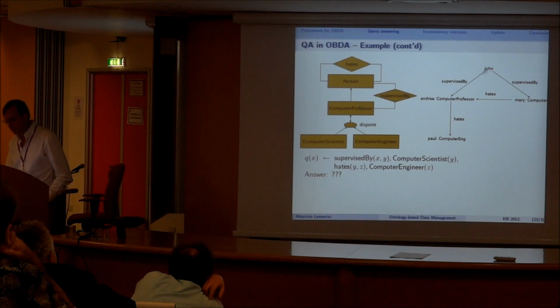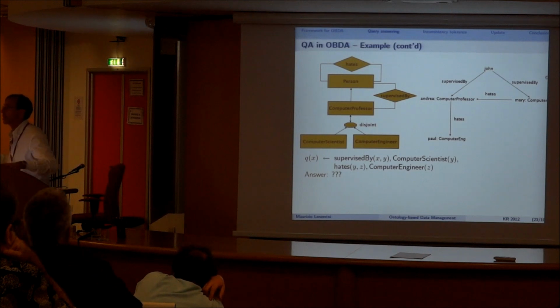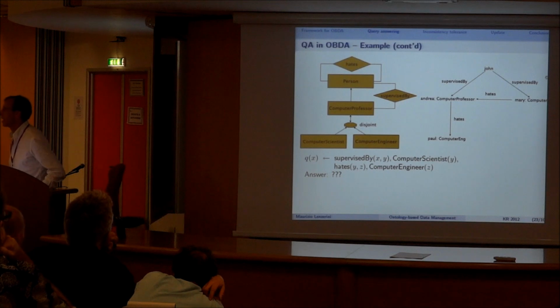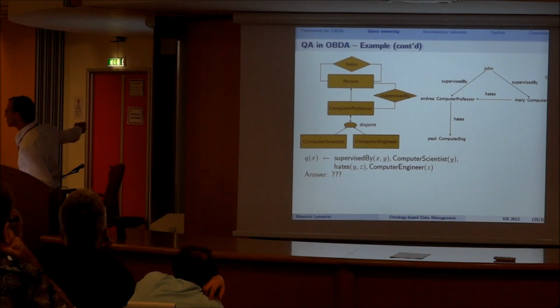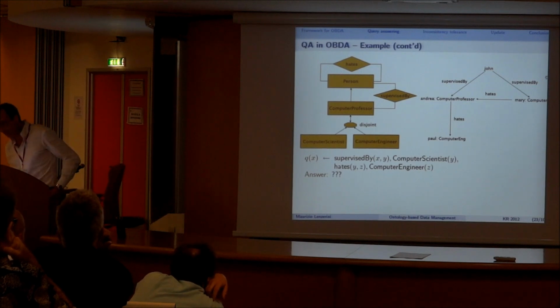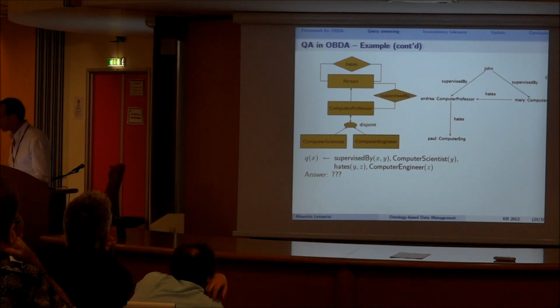So I know that John is supervised by these two people. I can try to match the variables in the query. What is your guess? What is the answer to the query? Is there anyone who satisfies the query? Oh, by the way, I have to tell you, sorry, that the ontology, as I said before, says computer professors are partitioned into computer scientists and computer engineers. Okay, it's a partition.